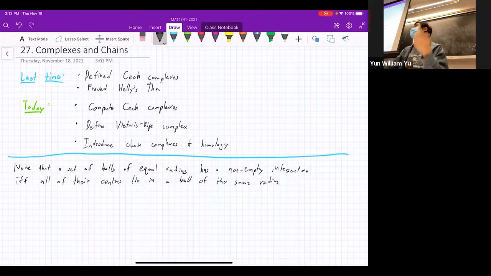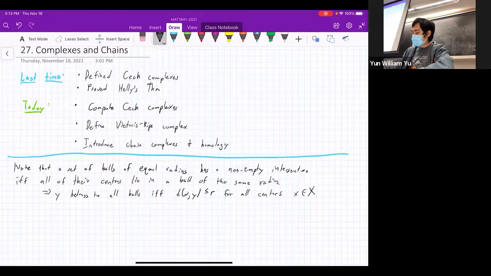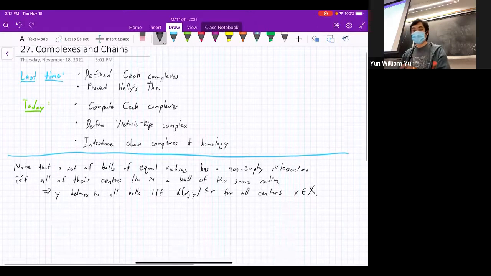In order for them to all have a non-empty intersection, there must be some common point, and that point has to be less than or equal to the distance r from all the centers of the balls. And so you can also think of all their centers as lying in some ball. If you write this a little more formally, y belongs to all balls if and only if the distance between x and y is less than or equal to r for all centers x in X, where X is our original collection.